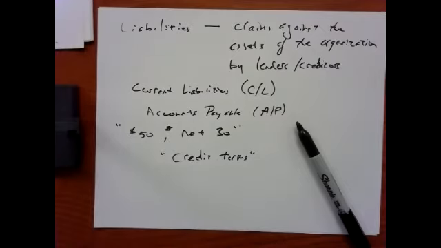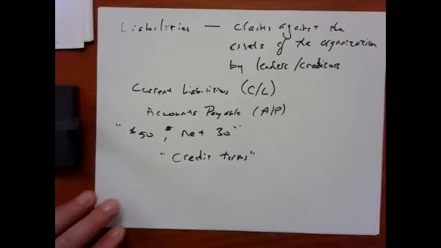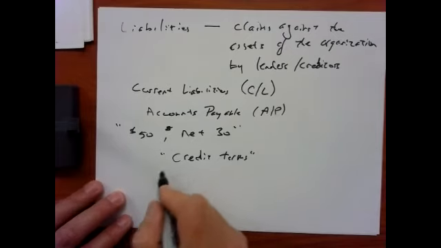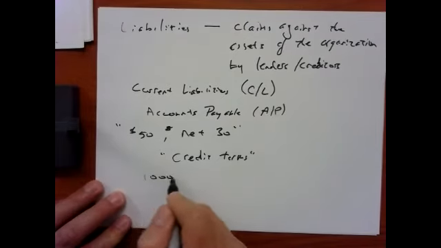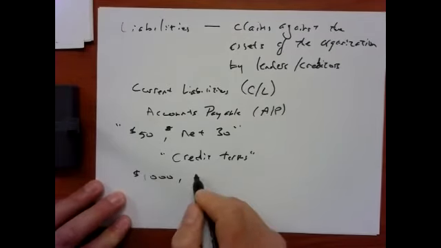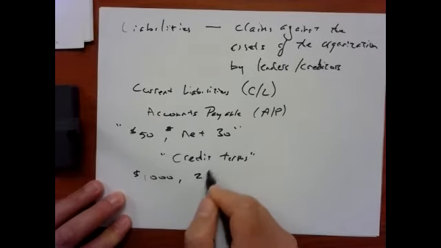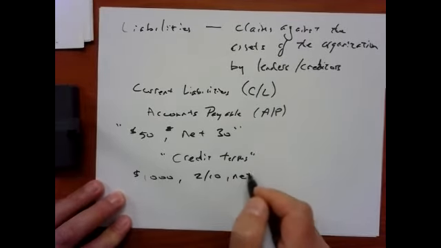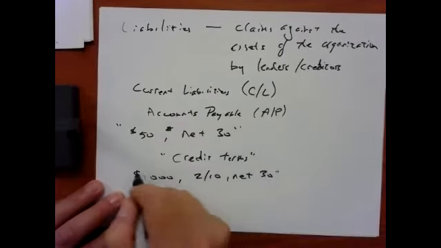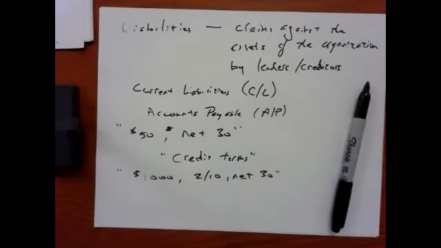Now sometimes you'll have something like, the bill is $1,000 and the terms are, say, 2/10 net 30. What this is shorthand for is Allie is offering Chloe a discount if she pays within 10 days.